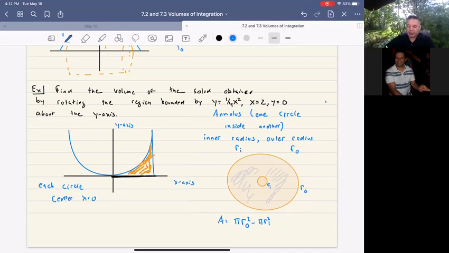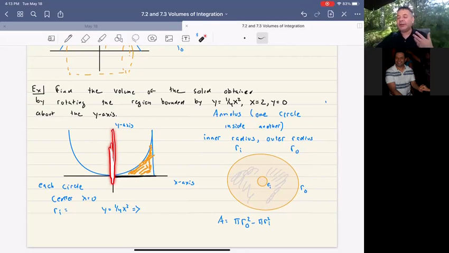Our inner radius, well, if this is given by y equals 1/4 x squared, since our integral is going to have to be in y, we're going to need to write x as a function of y.